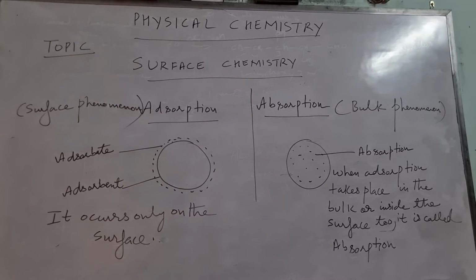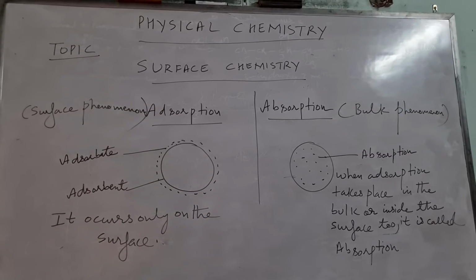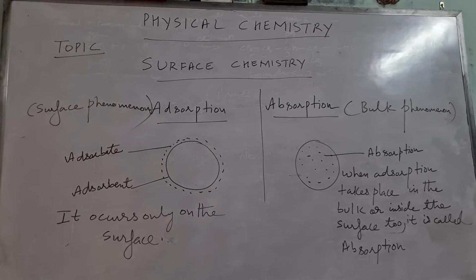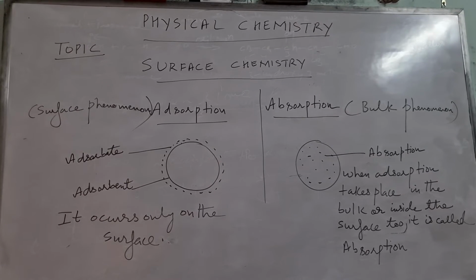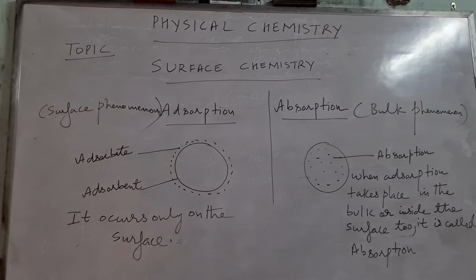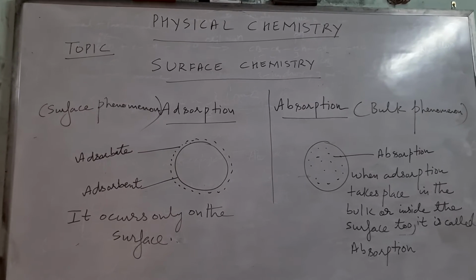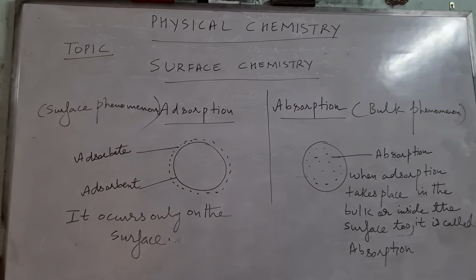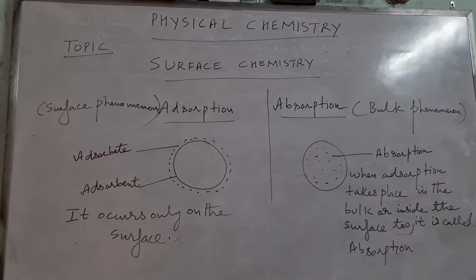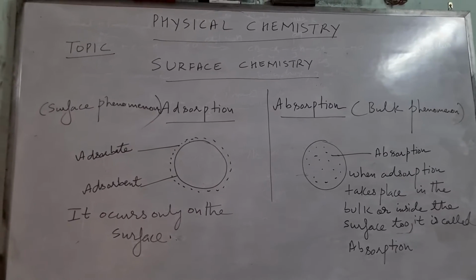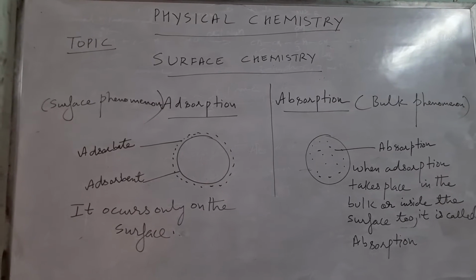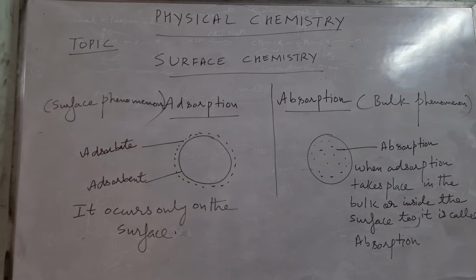So when you increase the temperature, the kinetic energy increases, the energy of the system increases, and chemical bonds start forming. So in the starting, in case of chemical adsorption, with increase in temperature, the adsorption will be very fast. The adsorption rate will rise. The adsorption rate will show an exponential graph. You know what exponential graph means.